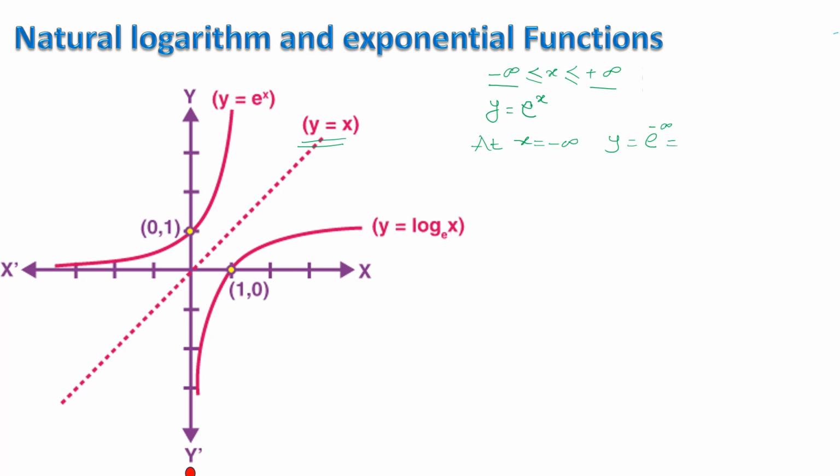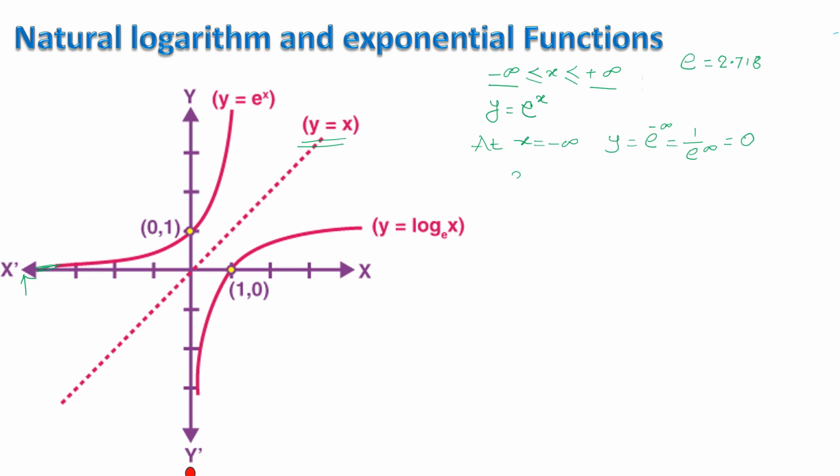So 1 upon e to the power infinity. So e we have just now calculated, it is 2.718. Now 2.718 to the power very large number will be very small, approaching to 0. So here you can observe that when x is equal to minus infinity, the value of y function is almost 0.